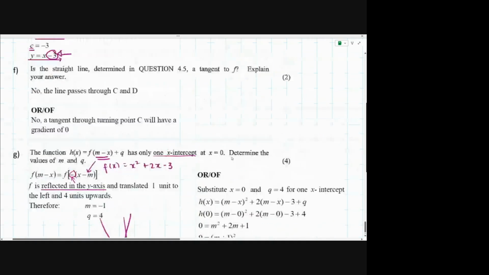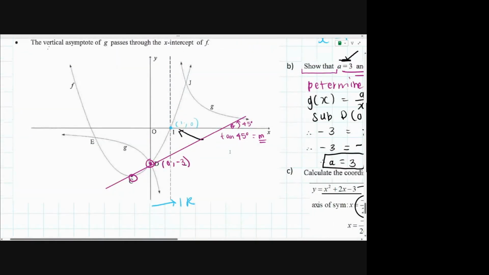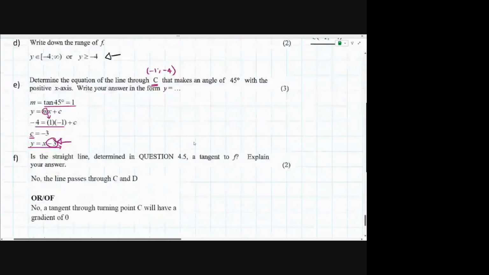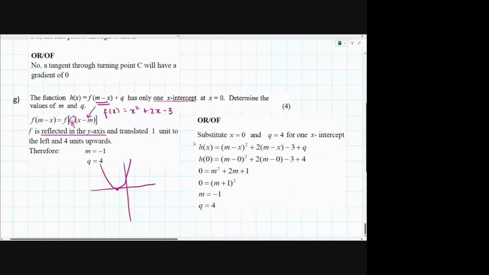So if we have a look at our parabola here, this turning point, which is currently at -1, -4, needs to move 4 units up so that it now sits on my x-axis. And so that's why this next little bit says it is translated 4 units upwards.